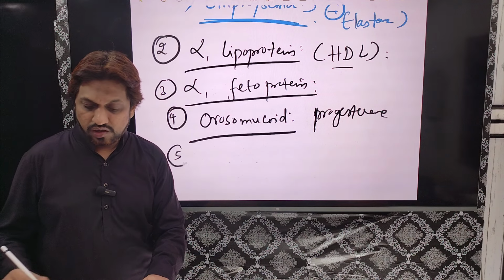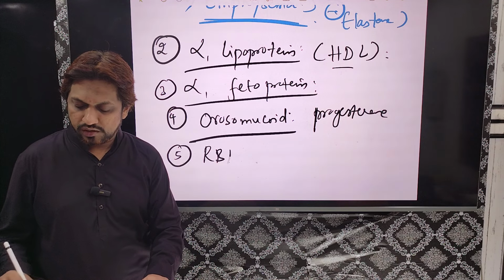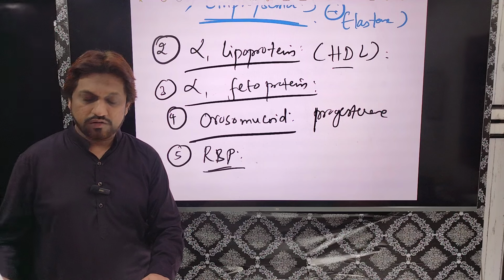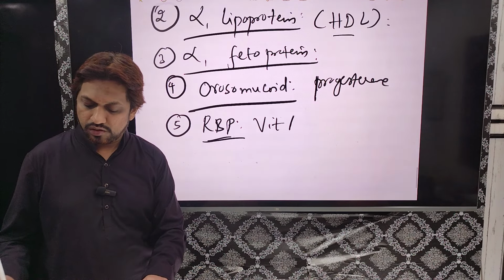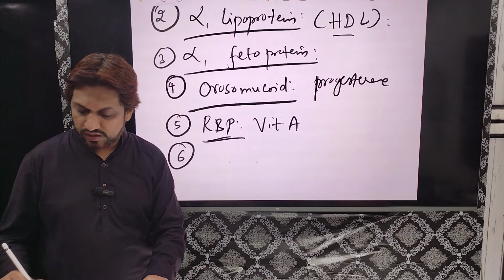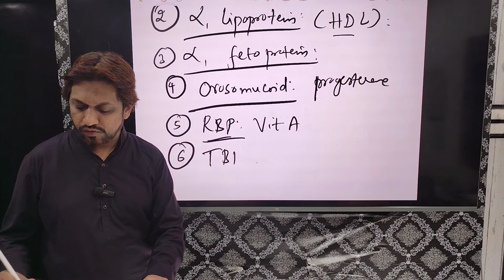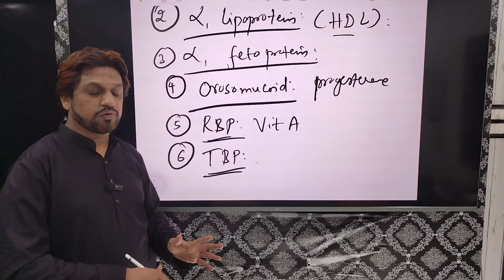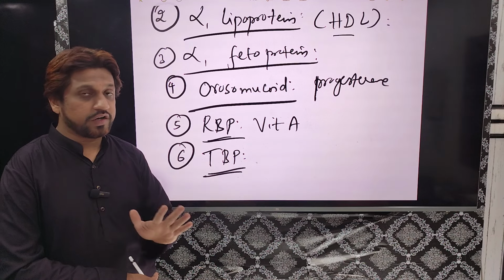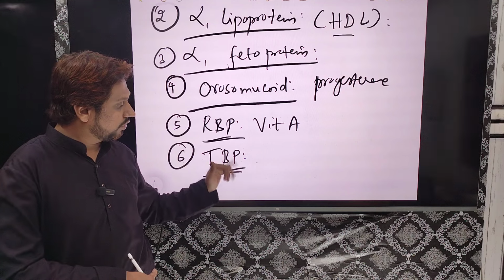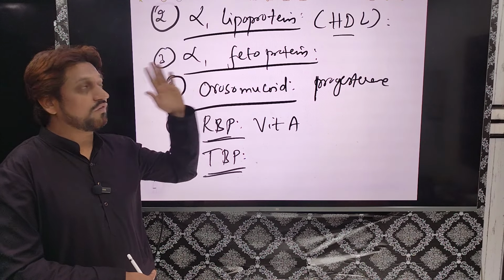Similarly, we have retinol binding protein, which helps in the transport of retinol, that is vitamin A. Then we have thyroid binding protein. Thyroid hormones are transported by pre-albumin and albumin, which we have already discussed. There is one more, thyroxine binding protein, which is an alpha 1 globulin.